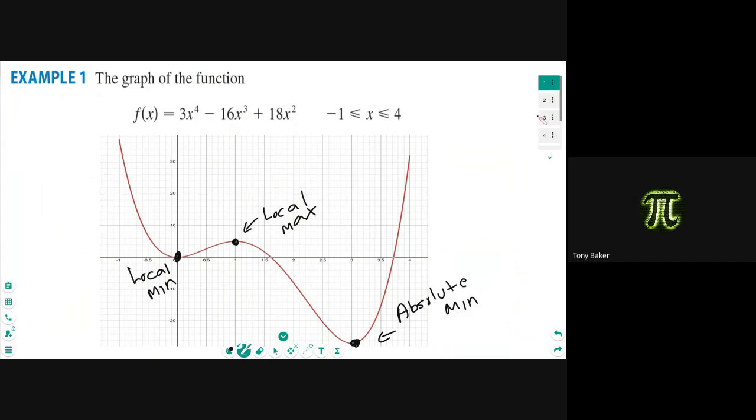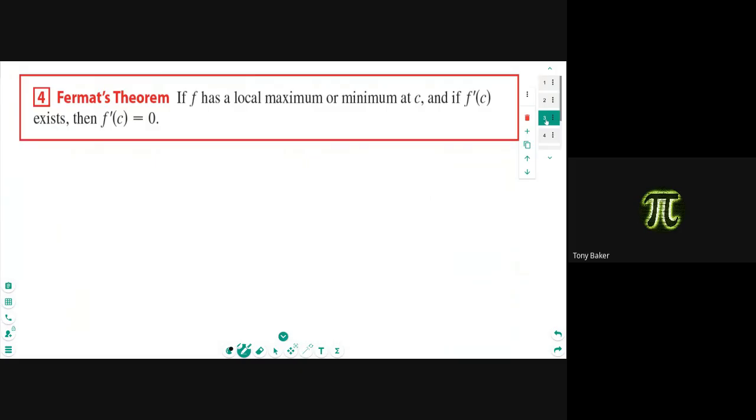So, Mr. Fermat, another famous mathematician, stated that if f has a local minimum or maximum at that c, and if the derivative exists, then the derivative equals 0. So if it has a local minimum or maximum, and the derivative exists, then the derivative has to equal 0.